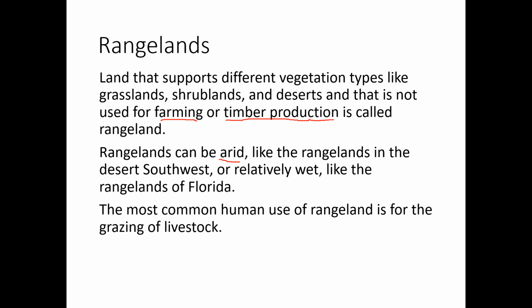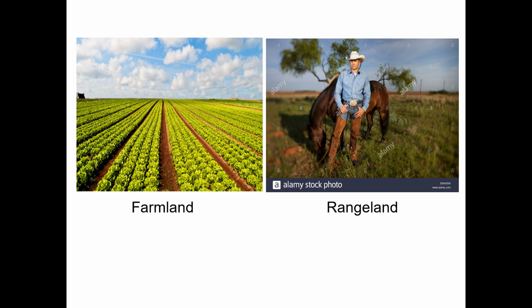so like right around the southwest United States. Typically this is the rangeland, so it doesn't have a whole lot of really large trees. It kind of has these smaller plants, and this is your typical vaquero, just hanging out with his horse right here.